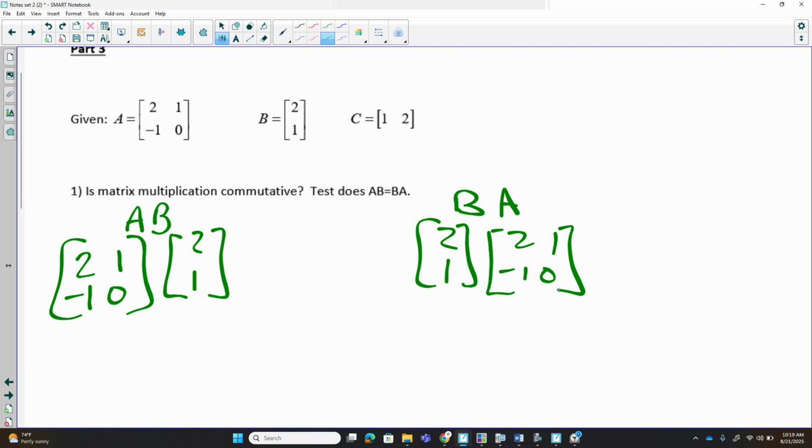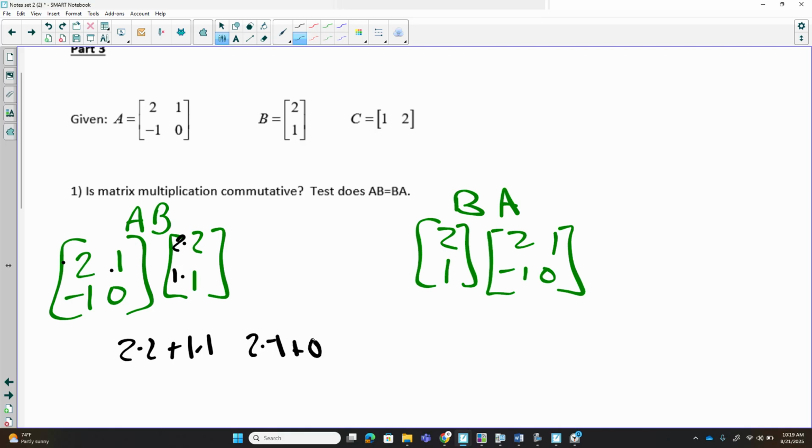All right, so you should have gotten 5, -2. Again, you're multiplying this row right here with this column. So 2 and 1 goes here. You would get 2 times 2 plus 1 times 1. And then the next one would be 2 times -1 plus 0 times 1.